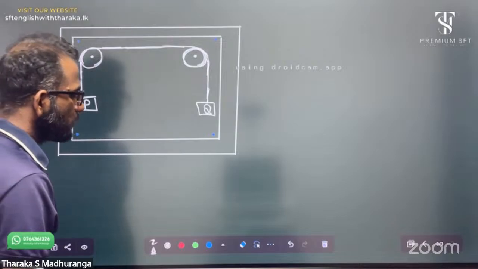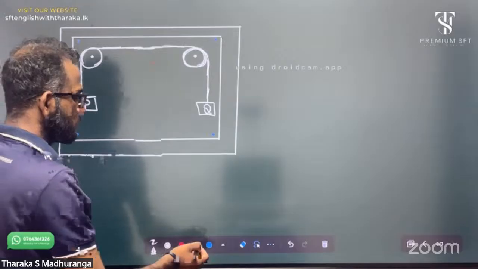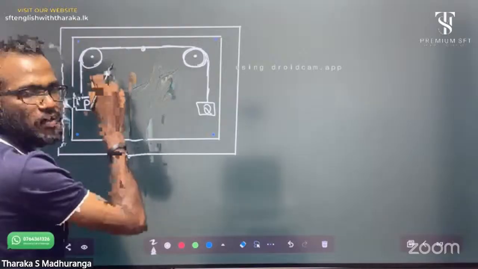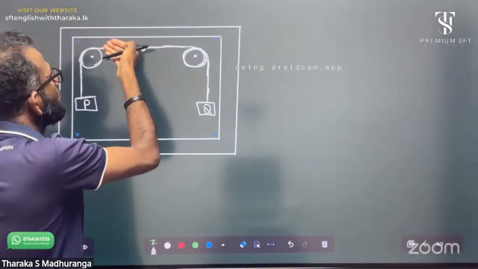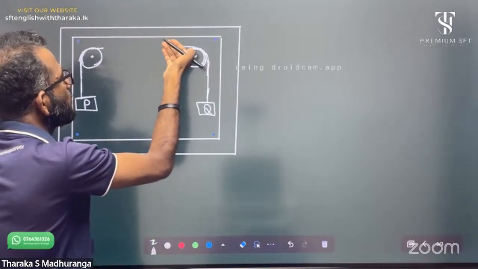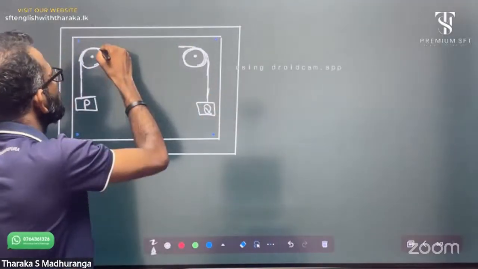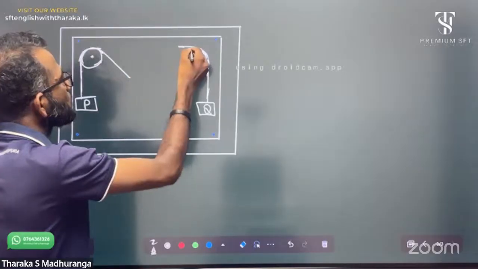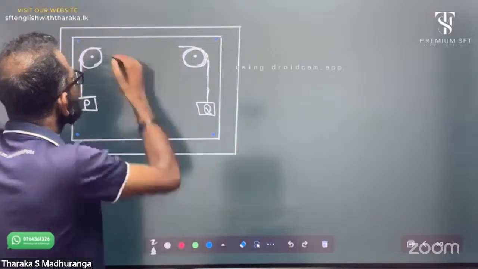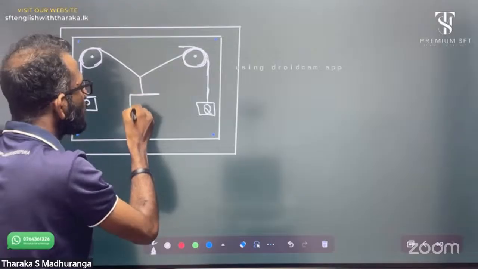Then at the center of this string between the two pulleys, hang another mass. What happened to this string? This string comes like this.